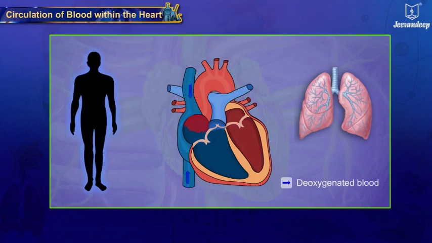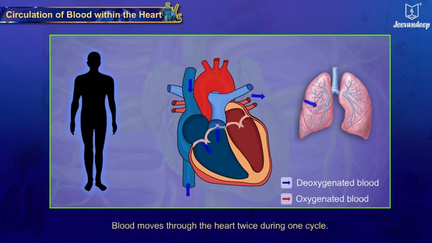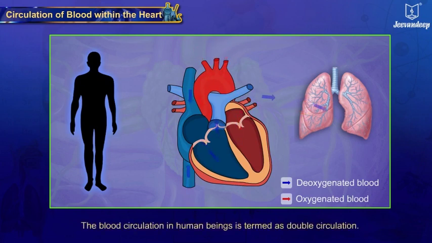The deoxygenated blood enters the right part of the heart, and again after oxygenation it enters the left part of the heart, and then it is distributed to all over the body. So, the blood moves through the heart twice during one cycle. Hence, the blood circulation in human beings is termed as double circulation.